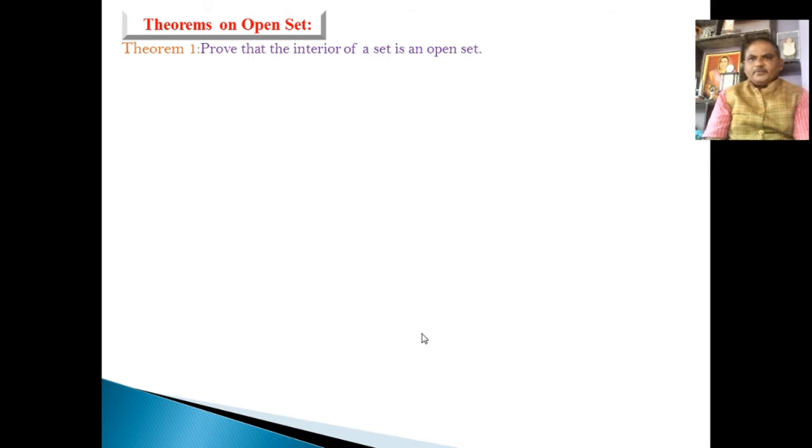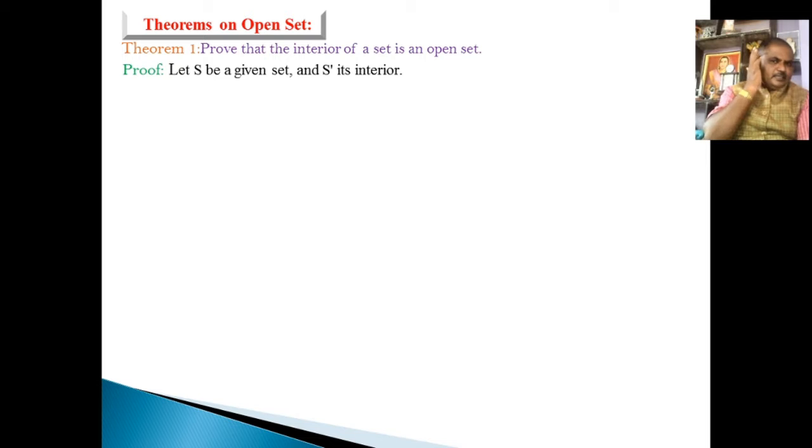This theorem proves that the interior set, the set of interior points, is also an open set. By using the definition of the interior set, let S be a given set and S' its interior.